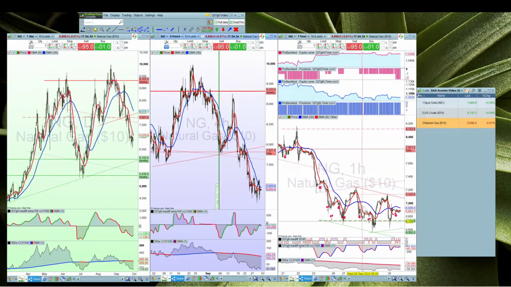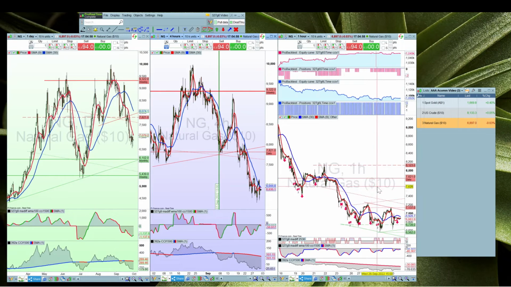So we enter the trade when two criteria are met: when the moving average 400 of the CCI 1500 is in a downward slope, which it is, and the moving averages cross over, and the moving average 9 in this case is moving away from the moving average 30. It's indicated by that red line. And we close a trade when the moving average 9 gets closer to the moving average 30. That's indicated by that blue line. So that's indicated by that trade there.